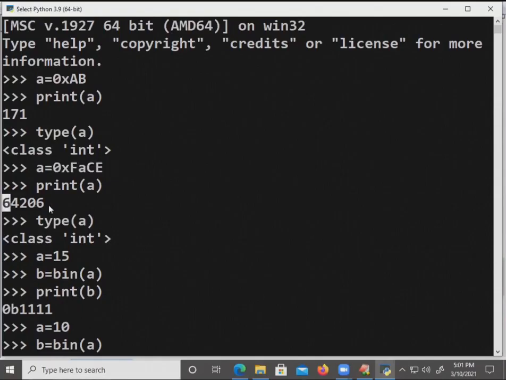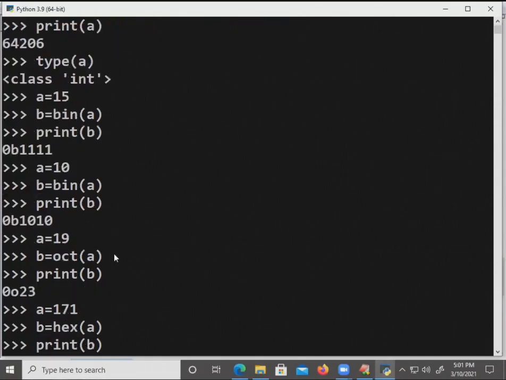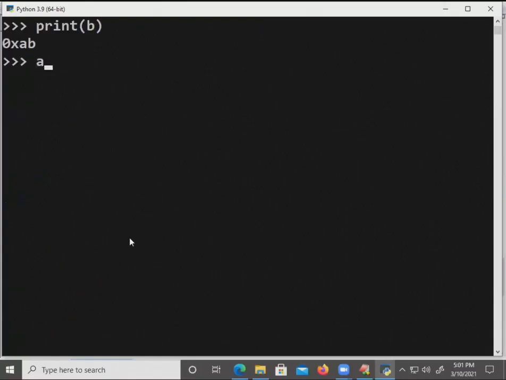Now I will take this value: A is equal to 64206, B is equal to hex of A, print of B. You will get 0xface. Are you okay?